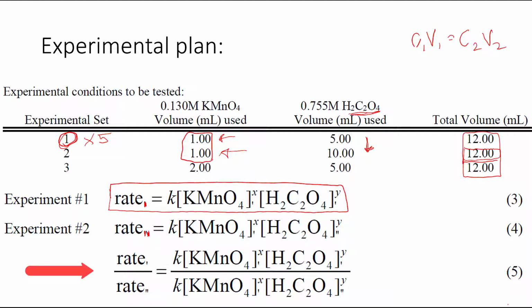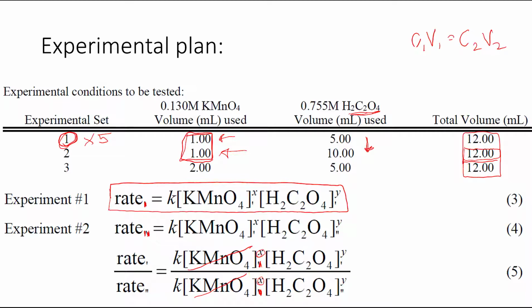So we can divide the rate equation for the first experiment by the rate equation for the second experiment. With the concentrations of potassium permanganate being the same, there's a single prime term in both numerator and denominator because they're the same concentration, so we can cancel those terms, including the exponent.